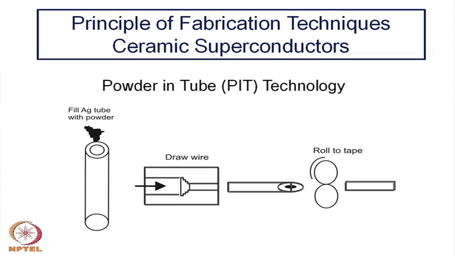So, I am not discussing that to a large extent here. On the other hand, let me concentrate on the other fabrication technique, which is a little bit different from the normal metallurgical fabrication techniques.